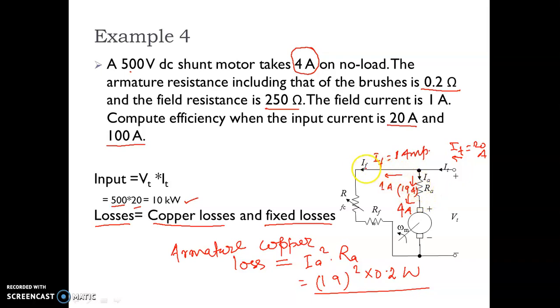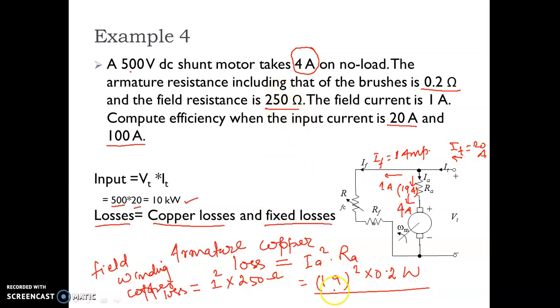And how much loss will be in the field? Field winding copper loss equals field current square multiplied by field resistance. Field current is 1 ampere, so 1 square multiplied by field resistance, 250 ohm, given here.